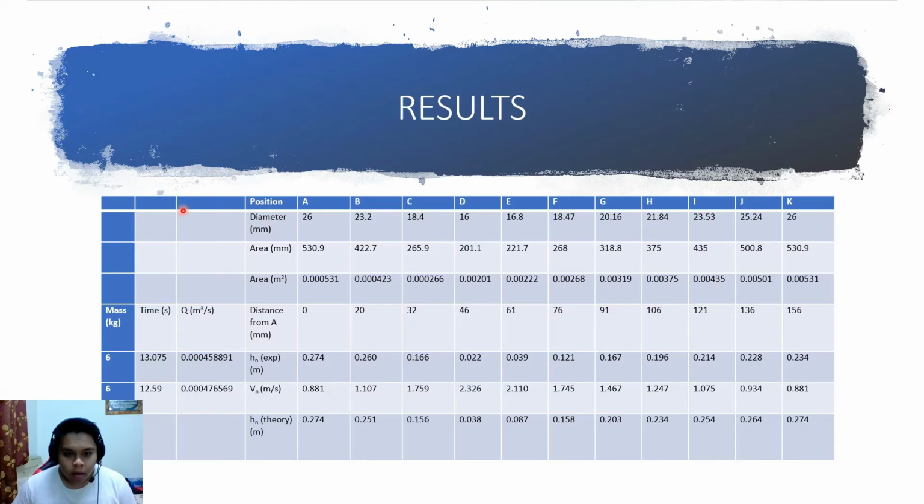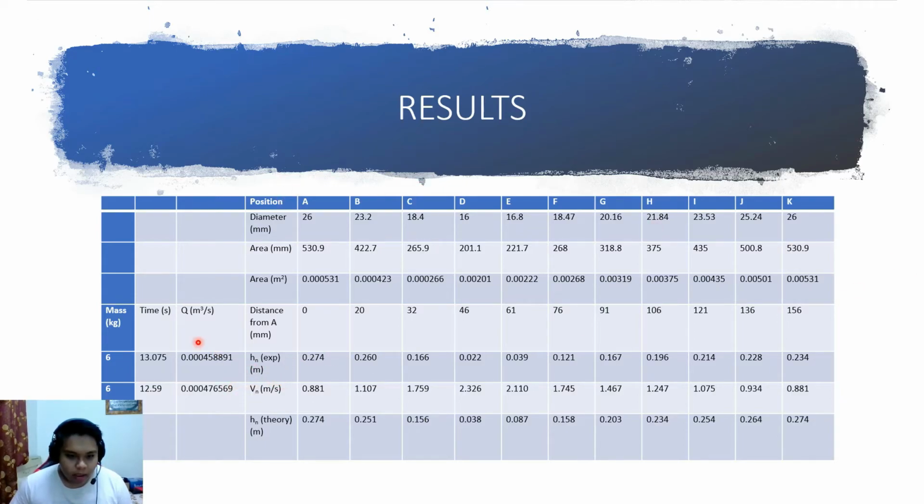And then we can see here that the diameter is decreasing from A to D because the test section is gradually getting smaller in diameter, and then from D to K it is gradually increasing in diameter. So we can see obviously the area will decrease and then increase, and then this is the distance of manometer B from A, manometer C from A, and so on.